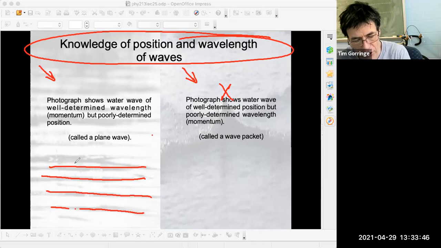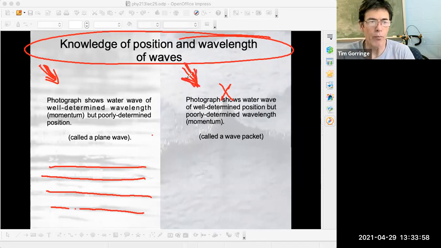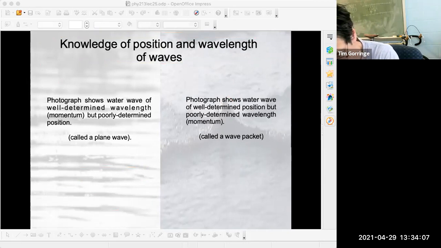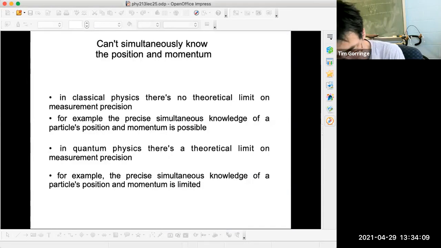The better you know the wavelength or momentum, that's the left-hand side here, the more poorly you would know the position of an electron. The better you know the position of the electron, the more poorly you know the wavelength or the momentum of the electron.